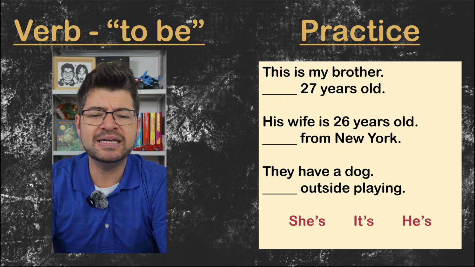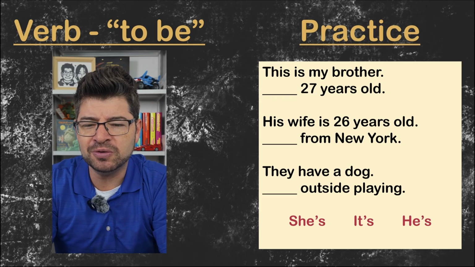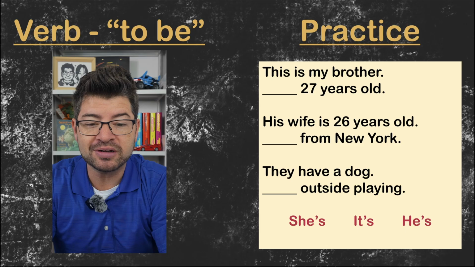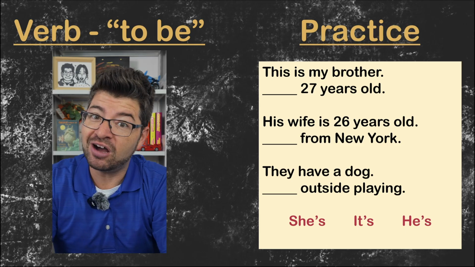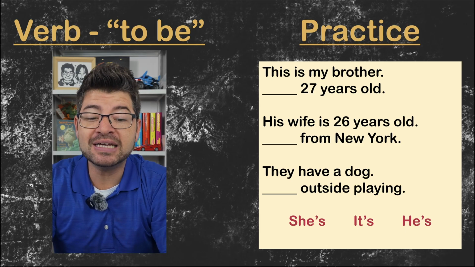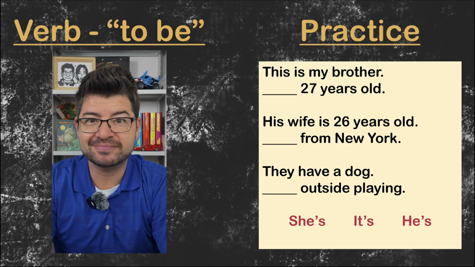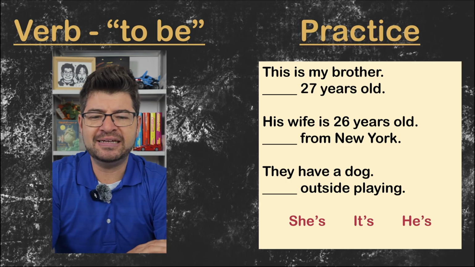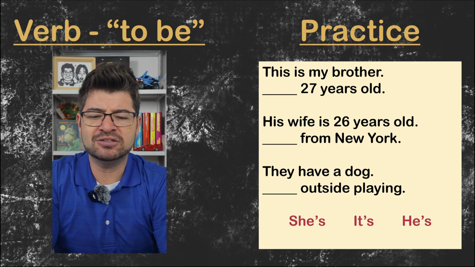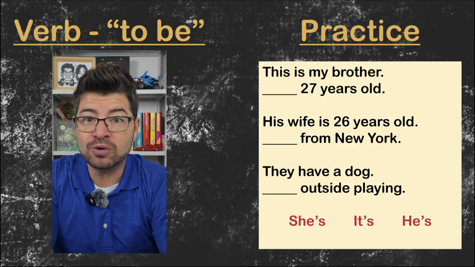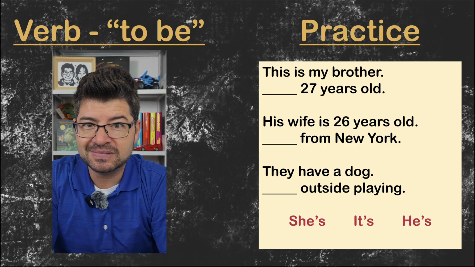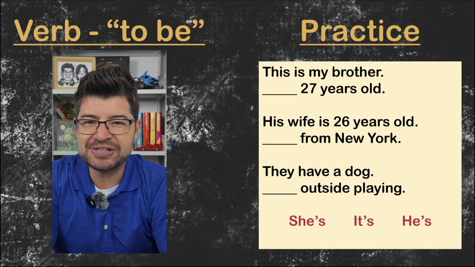Number two, his wife is 26 years old, blank, from New York. They have a dog, blank, outside playing. All right, so fill in each one with the correct answer, either she's, it's, or he's. Give you a moment to do that. Pause the video and fill them in, or do it in your head. And we're going to continue on.